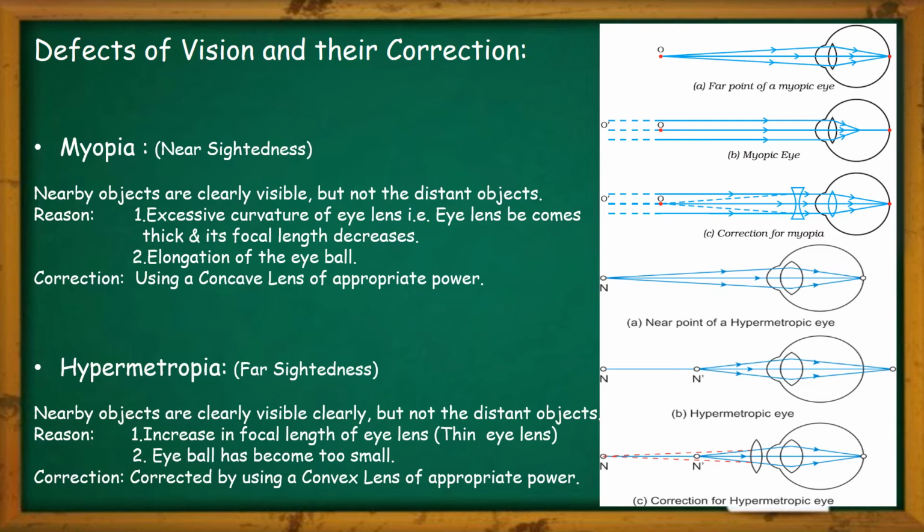Next one is hypermetropia, which is also known as farsightedness. A person who is suffering from hypermetropia cannot see the nearby objects clearly but can see the distant object distinctly.